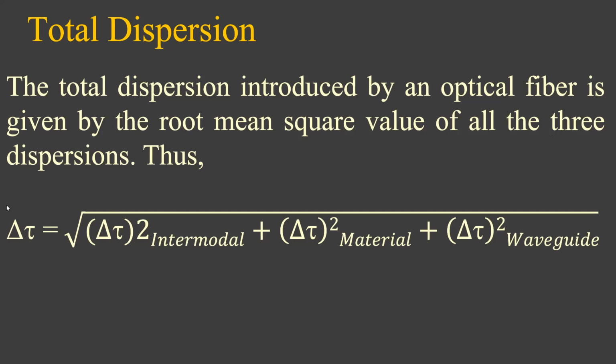Thus, the total dispersion is the root of the sum of squares: delta tau square due to intermodal dispersion, delta tau square due to the material dispersion, and delta tau square due to the waveguide dispersion.